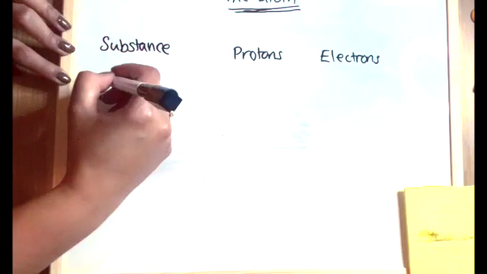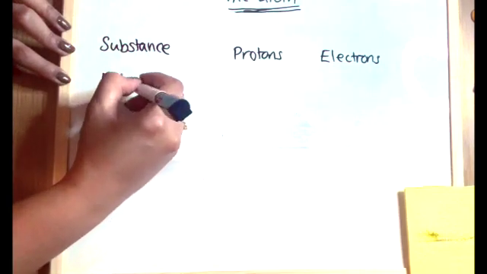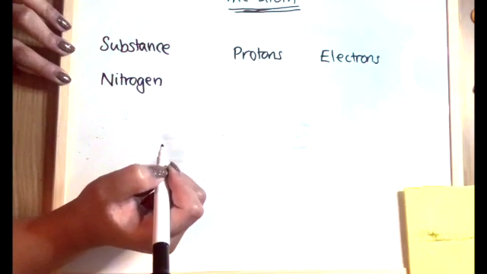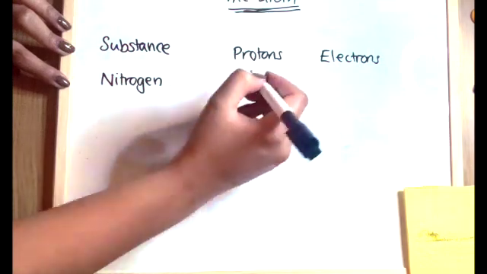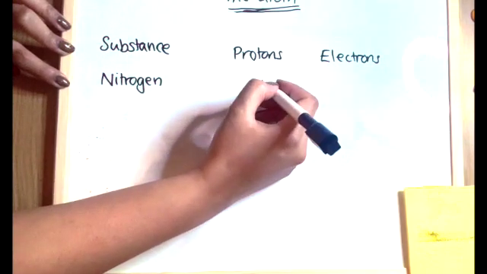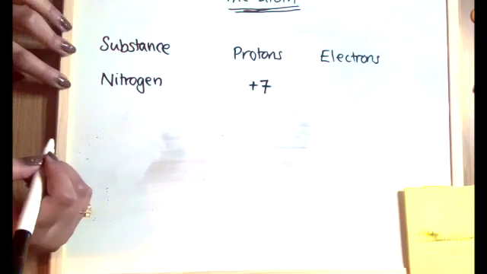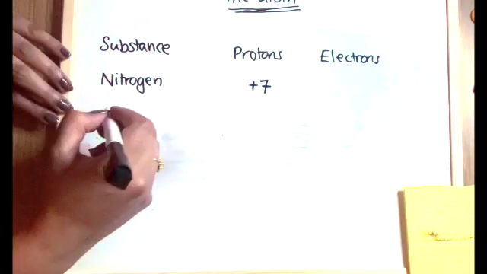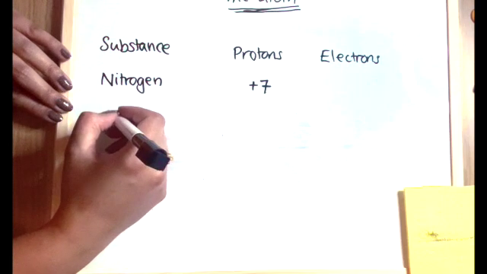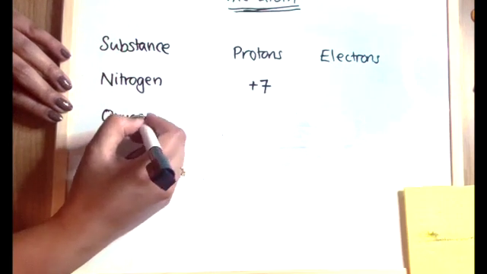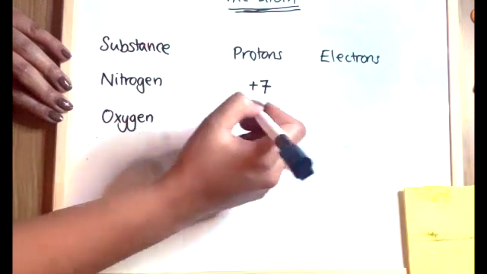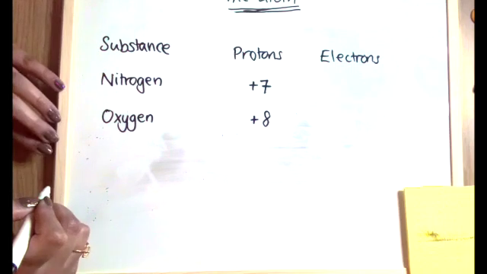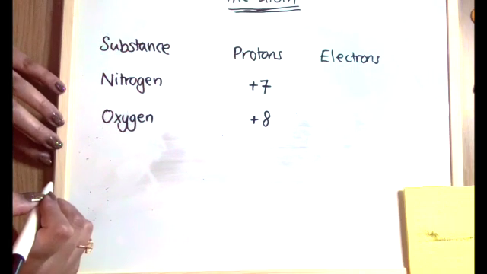So, first of all, an atom of nitrogen has 7 protons. So that's 7 positive subatomic particles in the nucleus. Then, an atom of oxygen has 8 protons, so that's altogether 8 positive subatomic particles in the nucleus.